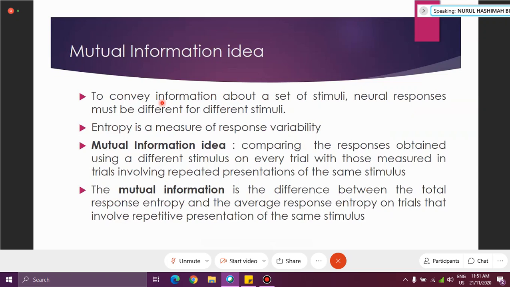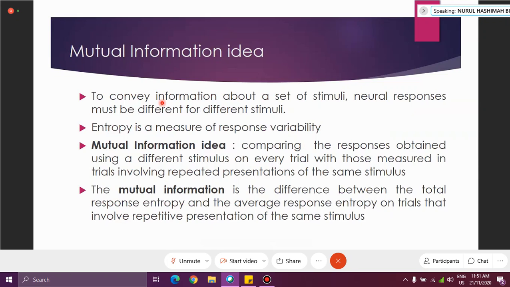For example, you have one control experiment. You let the monkey just watch an apple, and then you have the representation for apple only. Then you let the monkey watch a banana, and you have a representation for banana.